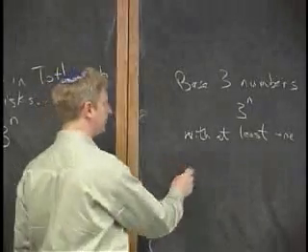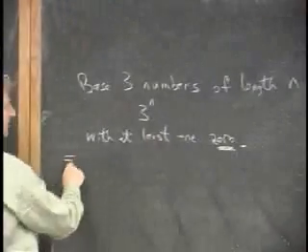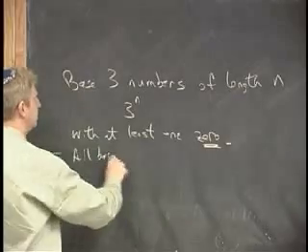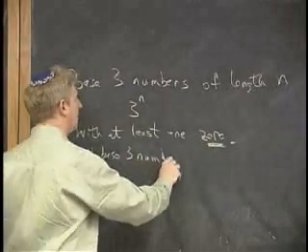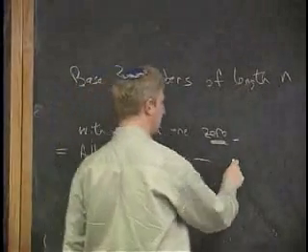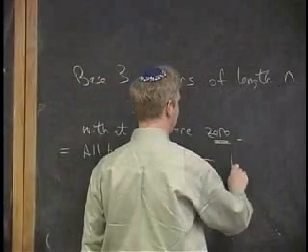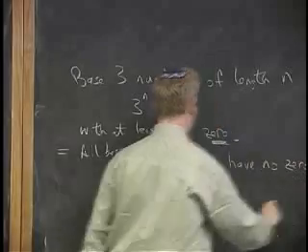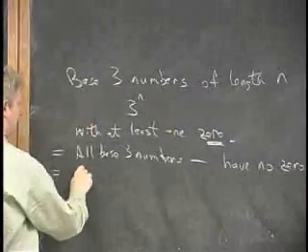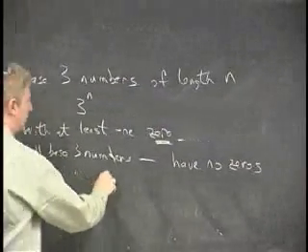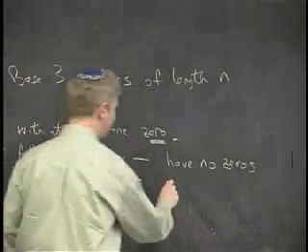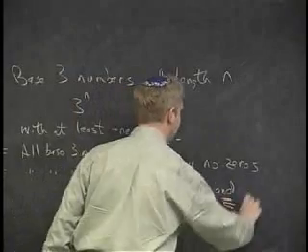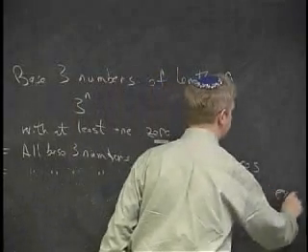So let me write this down. At least 1 0, that's the same as all the base 3 numbers minus the ones that have no zeros. That's the same as base 3 numbers minus the ones that have all 1s and 2s exclusively.